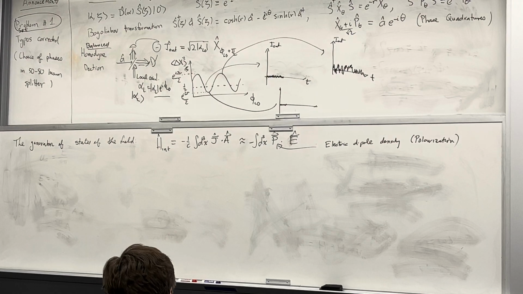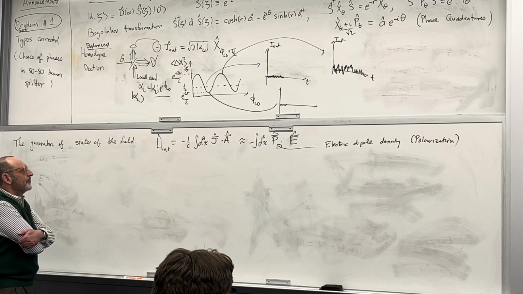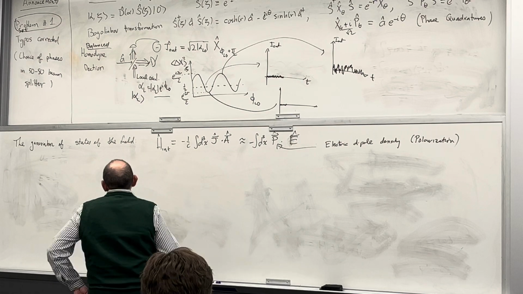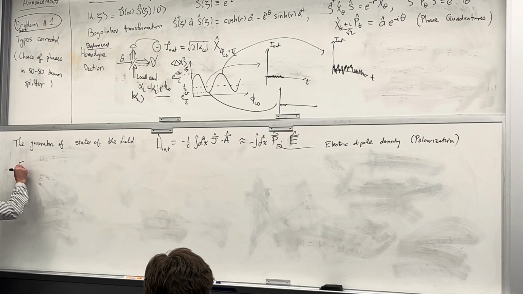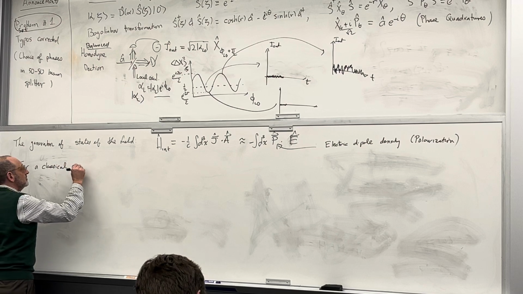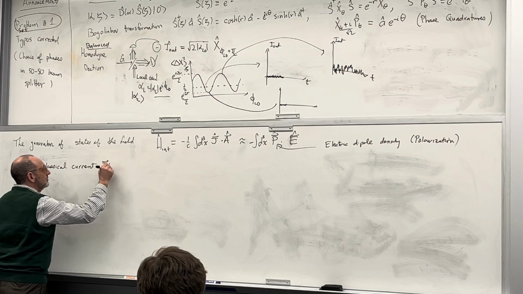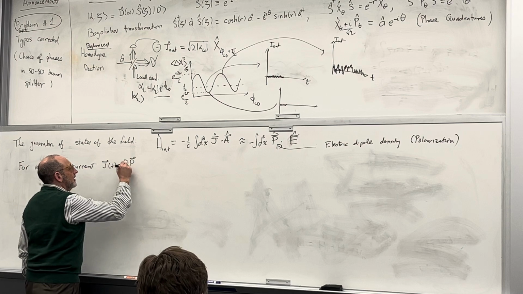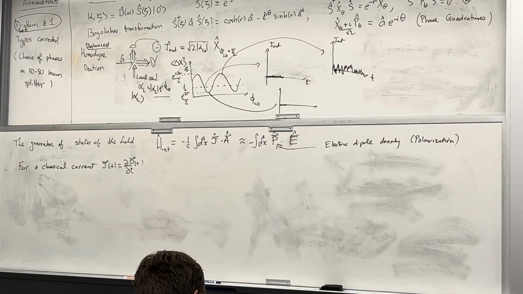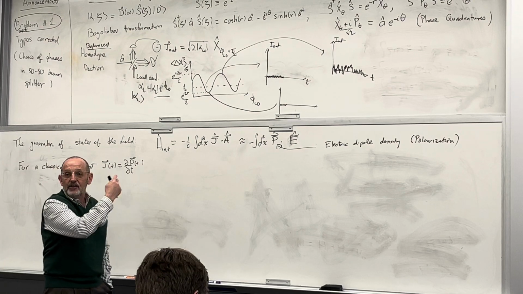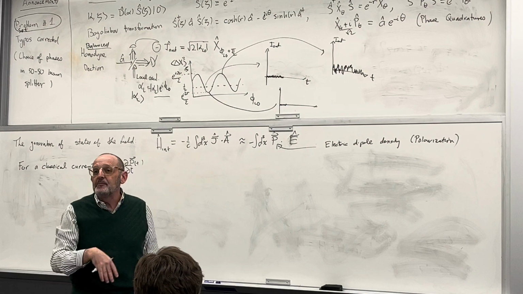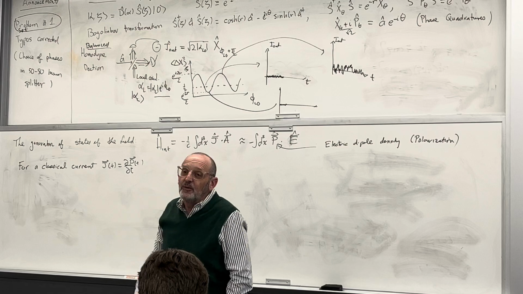Now, what we discussed last semester is that if I can treat the current, the rate of change of the polarization density, classically, ignoring anything having to do with the quantum fluctuations, I can think about it as replacing it by the mean field.